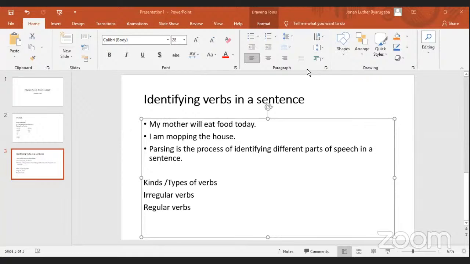Then we have another type of verbs called the auxiliary verbs. Auxiliary verbs. Is there anyone of you who has a dictionary near them?